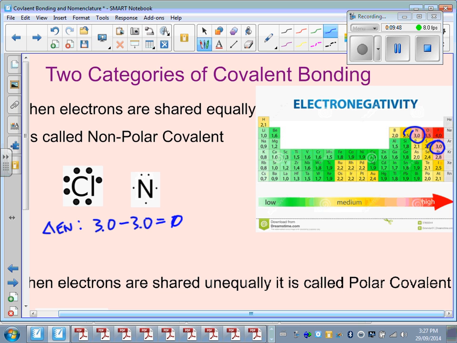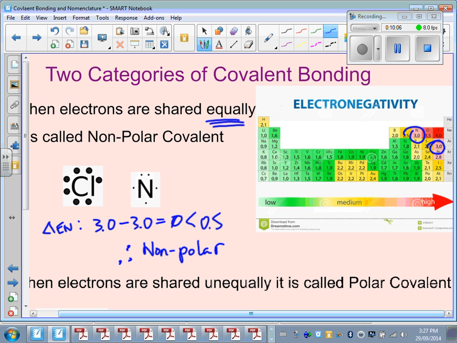If the value is less than 0.5, generally we can say that it is non-polar. What non-polar means is it's shared equally.